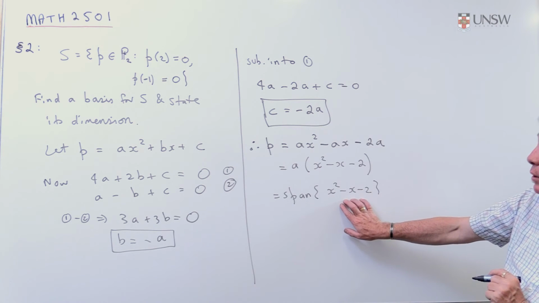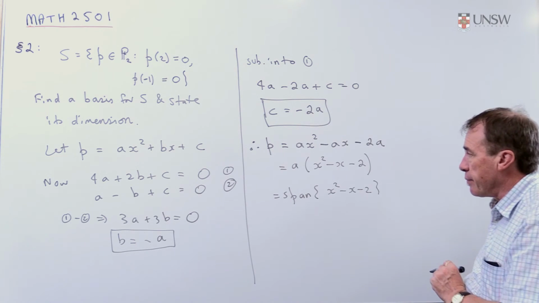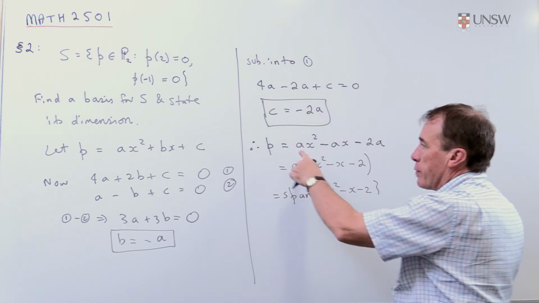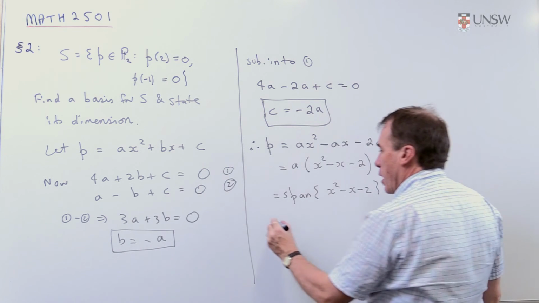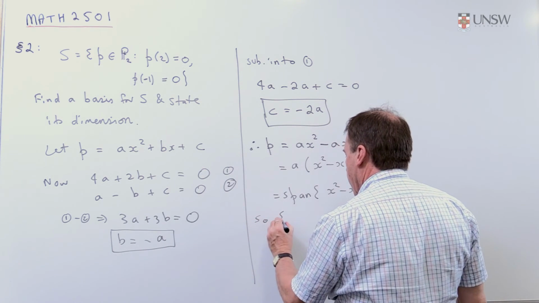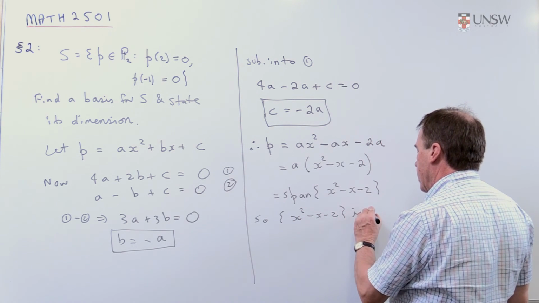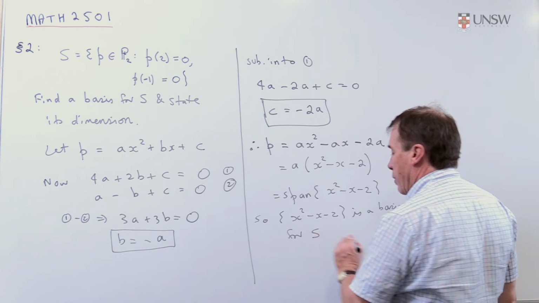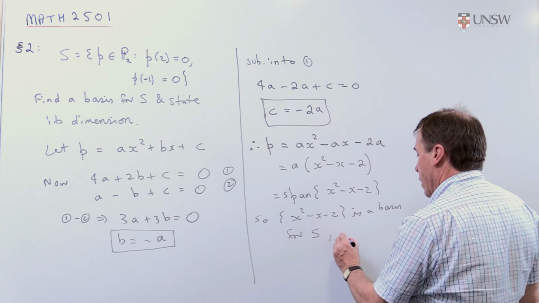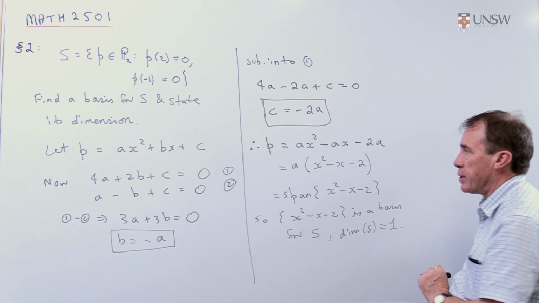And that polynomial satisfies both of these conditions. It belongs to S, and I can build all of the polynomials in S from this one polynomial. So, conclusion, the polynomial x squared minus x minus 2 is a basis for this subspace S, and the dimension of S then will be 1, the number of basis vectors.